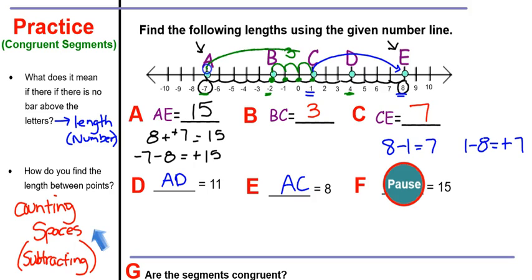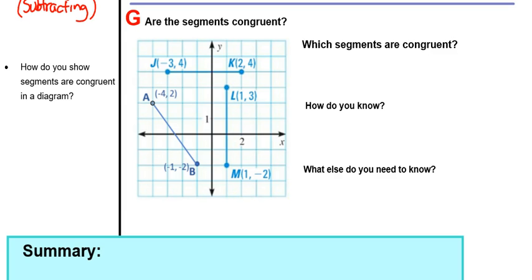From A to C, negative 7 to 1 is 8 spaces. The last one I got, 15 spaces, I got AE. All right? Then, pause this, and let's come back and pick up on the last question, G.